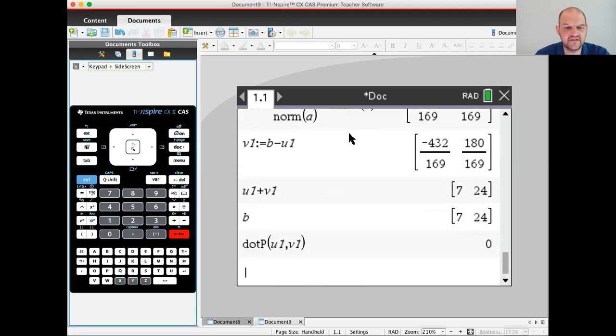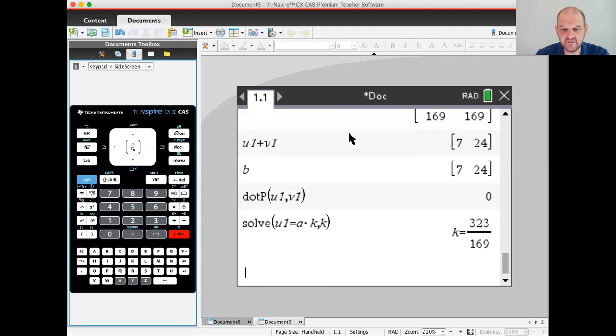And then U and A are scalar multiples. So can I do this? I don't really know. Let me try this. U1 equals A times K. Solve for K. K is 323 over 169. That's actually a really convenient way of doing that. I didn't need to type it all in. I just used solve and it found the value of K, which kind of makes sense.